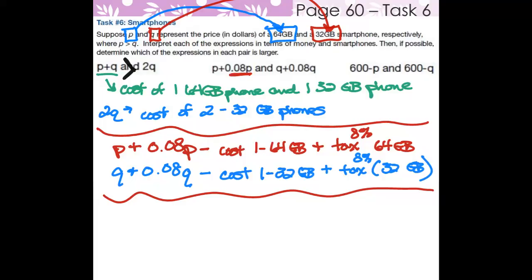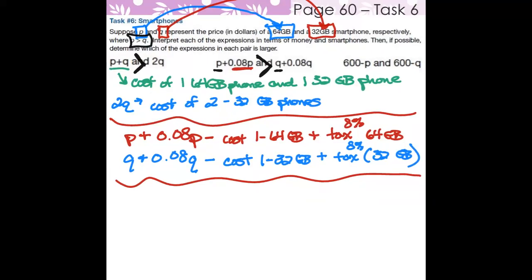That's really, really important. Yes, so if P is greater than Q, then I know this P has to be greater than Q. And if you take 8% of a larger amount and you compare it to 8% of a smaller amount, you're still going to have more with a larger amount, right? So that means it goes like this. So P plus 0.08 P has to be greater than Q plus 0.08 Q. Questions on that? Is it making some sense now?